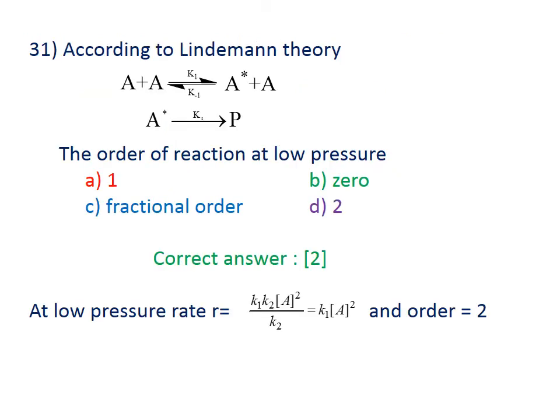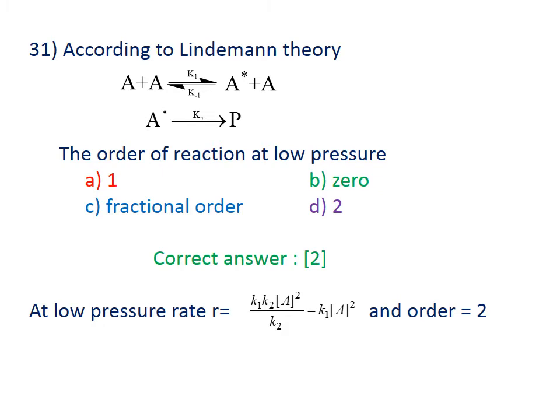31. According to Lindemann theory, A plus A reversible arrow gives A star plus A. K1 is the rate constant for the forward reaction, and K minus 1 is the rate constant for the backward reaction, and A star gives product with K2. The order of the reaction at low pressure we have already discussed.